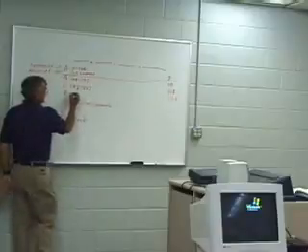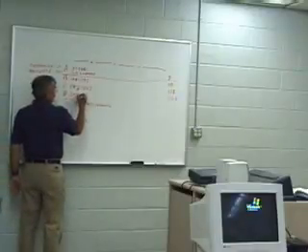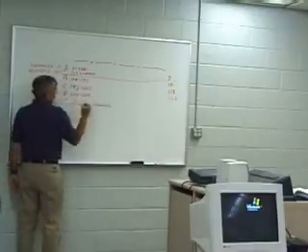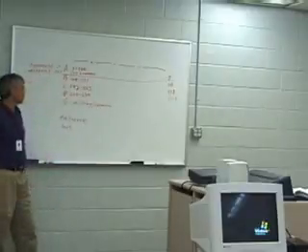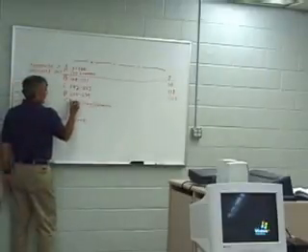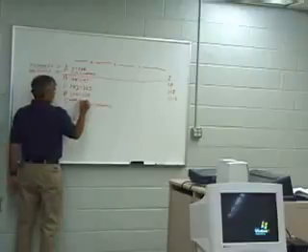Class D is going to be 224 through 239. Which actually means Class E is anything from 240 to 254.